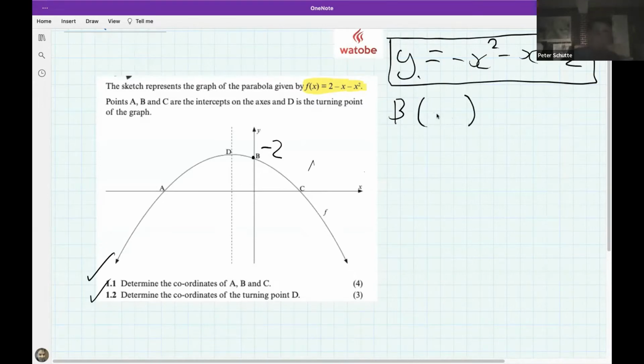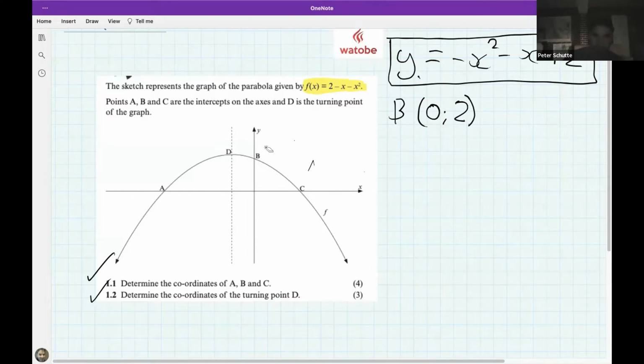So what's it going to be in full coordinate form? Oh, it's not negative 2, it's positive 2. I made a mistake in that, sorry. Well done, perfect, guys. So B, like Dawn has said, the coordinate is going to be (0, 2). Okay, so that is B.